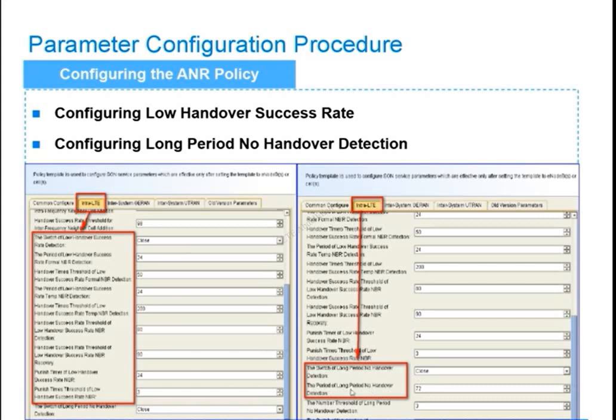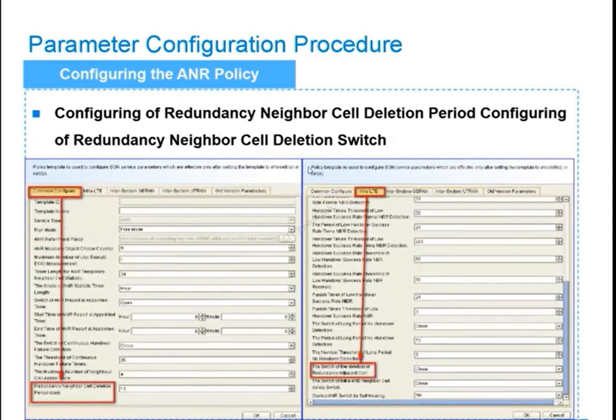During the period of long period no handover detection, if the number of handovers found is less than this threshold value, we consider it as no handover, and we will consider deleting it. So it includes many different parameters to support the different sub-functions.